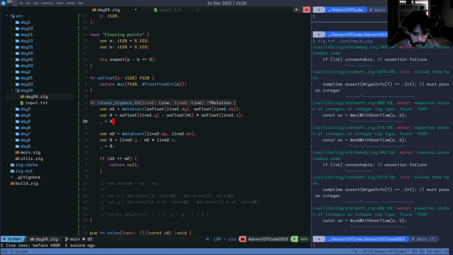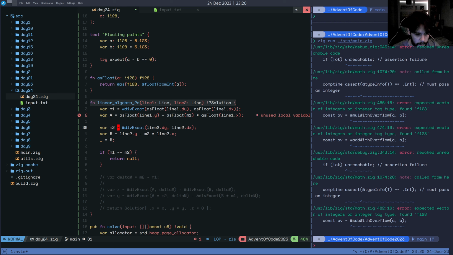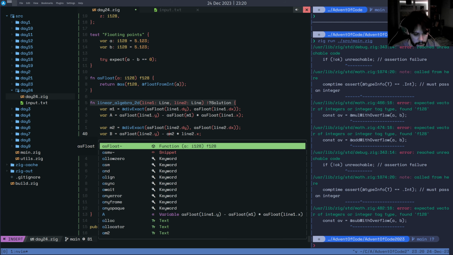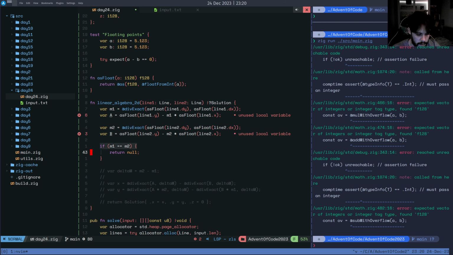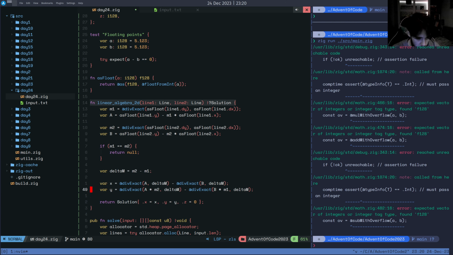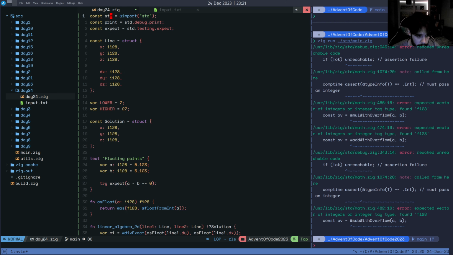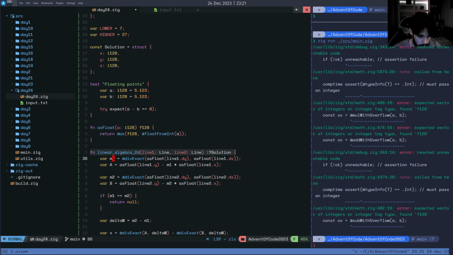So you have to wrap them all in as floats, basically. Yep. M2 is already a float, so it shouldn't need it. A lot of as float calls. So M2 is a float. It's F128. You should also be F128.